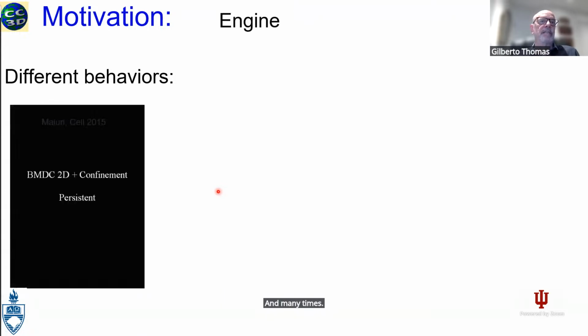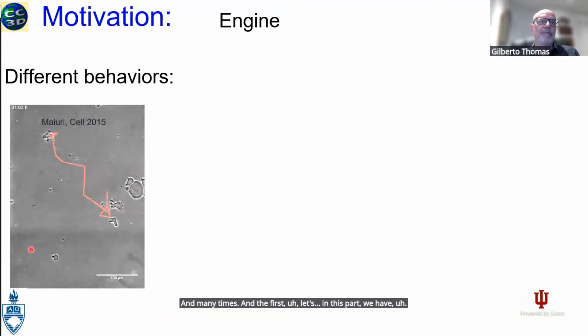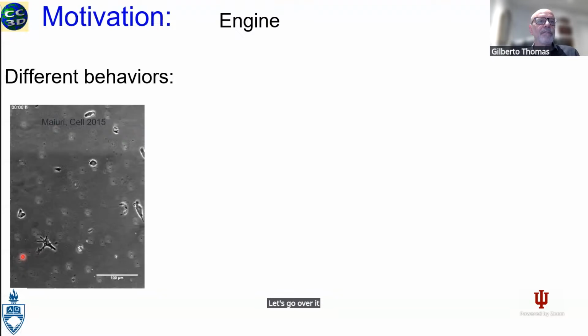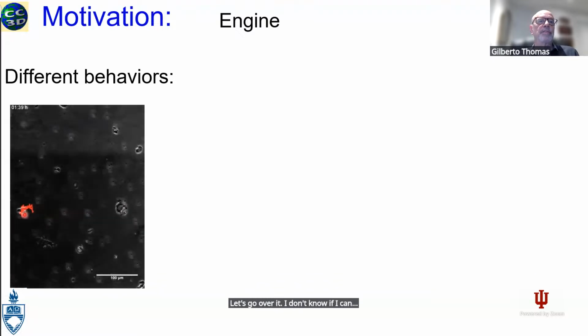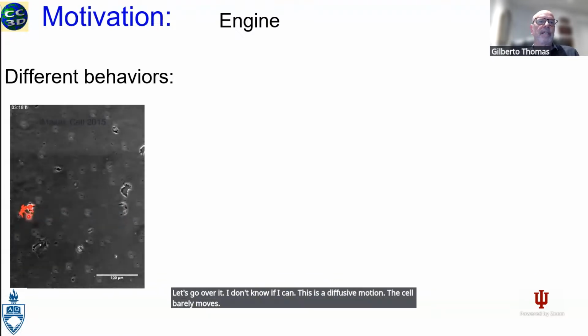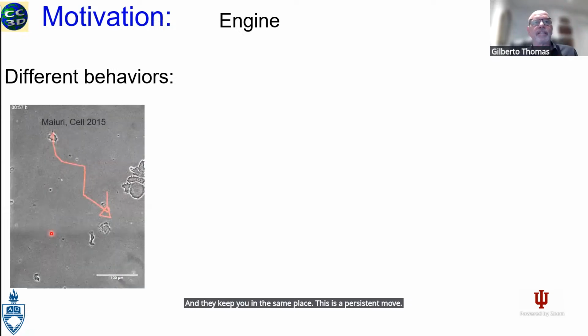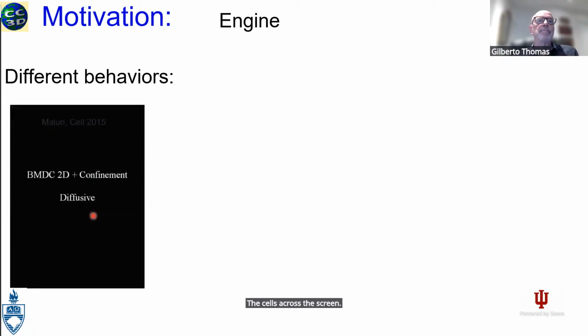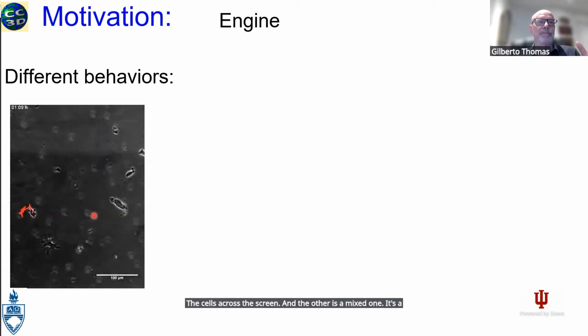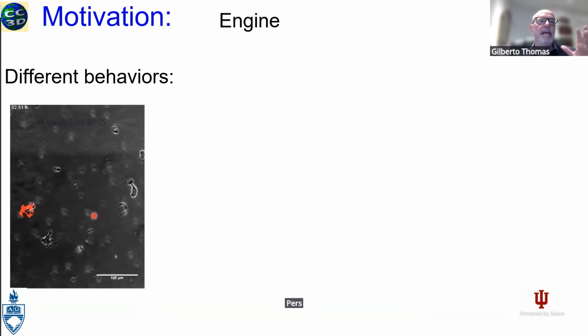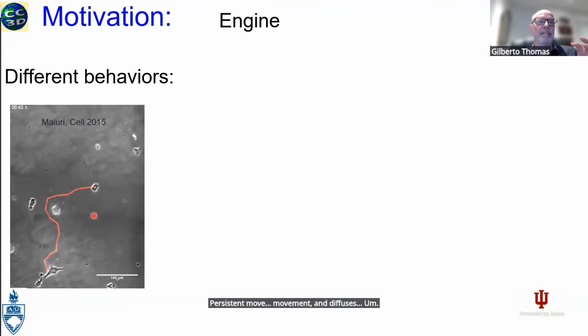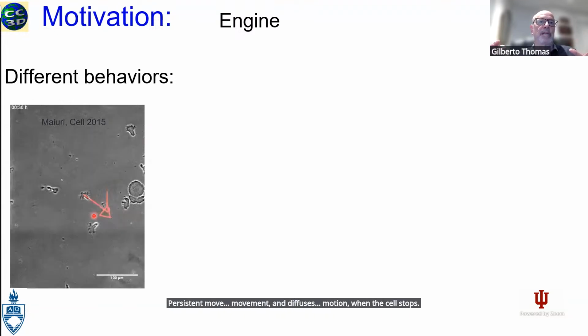In the first part, this is a diffusive motion. The cell barely moves and keeps in the same place. This is a persistent move. The cells cross the screen. And the other is a mixed one. It's a combination of persistent movement and diffusive motion, when the cell stops moving somewhere.